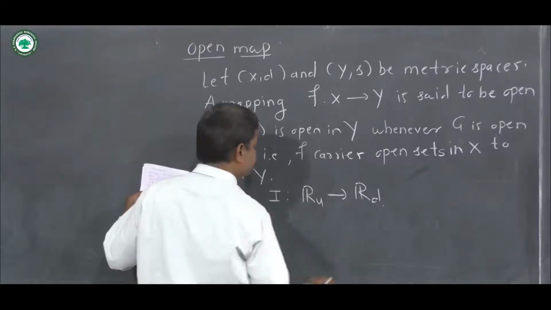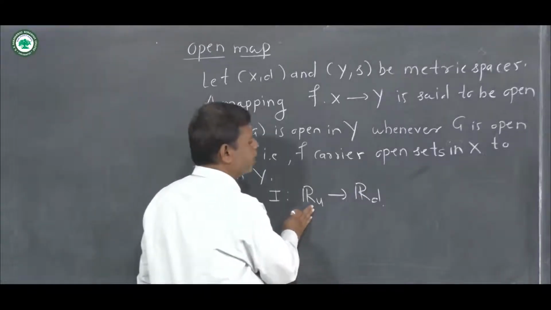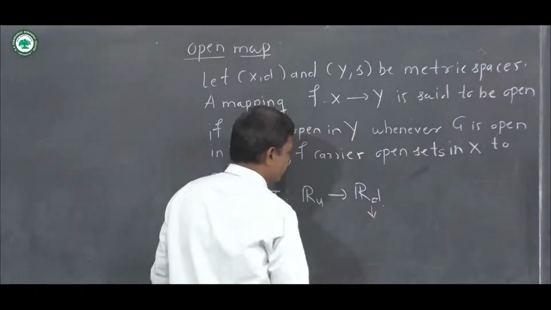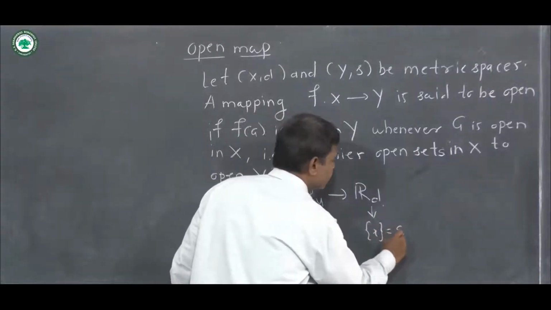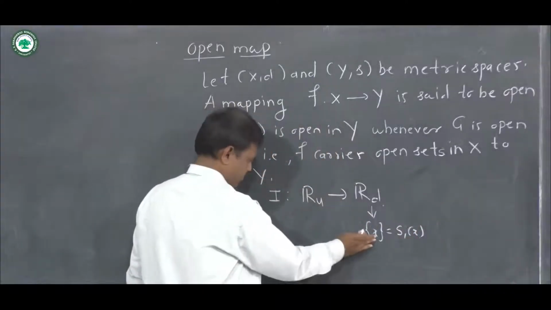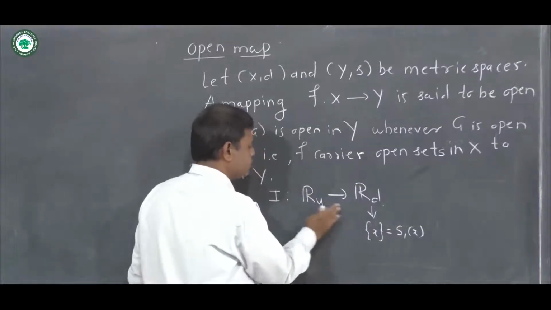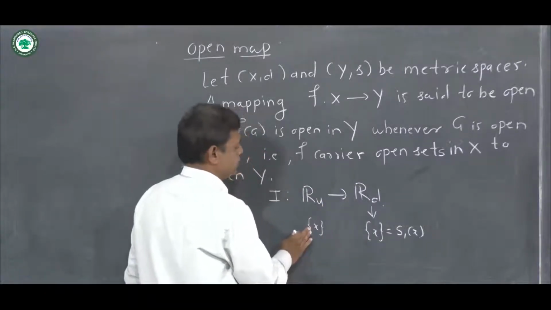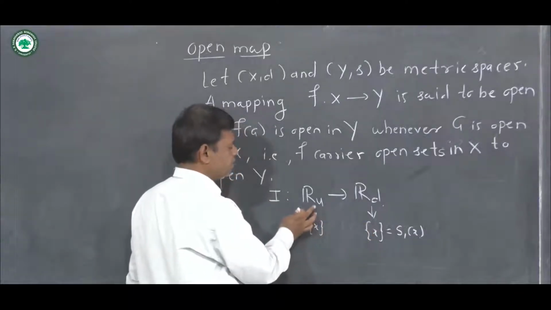This map is not continuous, because if you take a singleton set, the inverse image of this set under this function is again a singleton set.